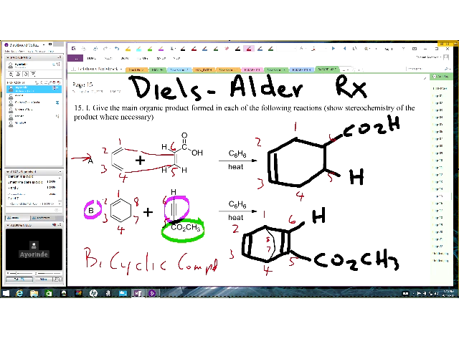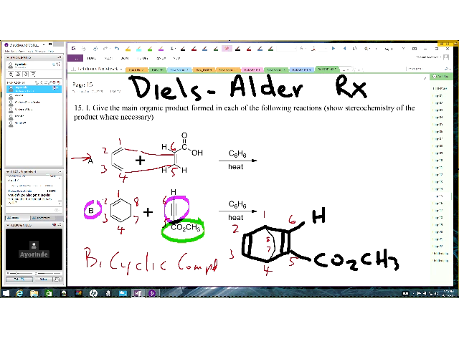Now, if you want, you could write this product using a 3-dimensional structure. But if you don't want to do that, you could leave it the way it is. It is written right here in a 2-dimensional form. But if you want to write it in a 3-dimensional form, then it looks like this.